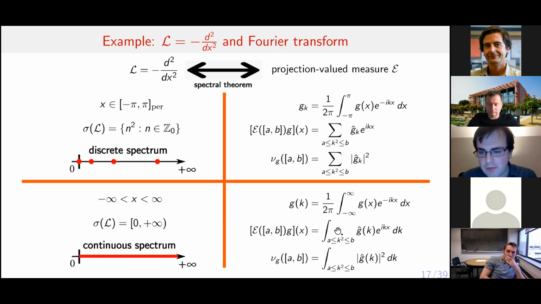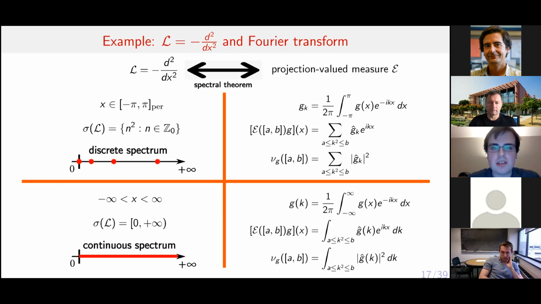And you get exactly the same formulae as before, but we've replaced this sum by this integral. So the way to think about spectral measures is just as a generalized Fourier transform that's sort of tailor-made to your operator L. All right, so it diagonalizes the operator. And by doing that, you can recover its spectral properties and do lots of interesting things.